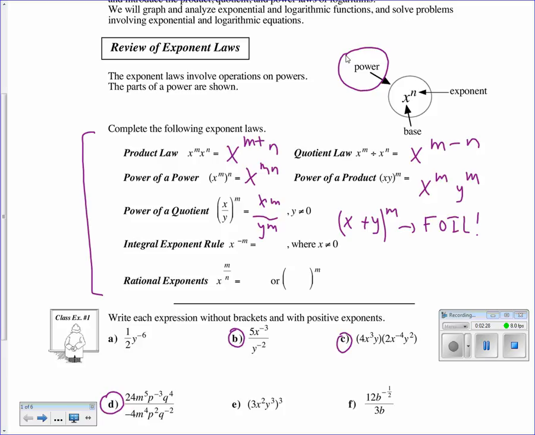Integral and rational exponents. What are we supposed to do actually with negative exponents? Apparently negative exponents are bad. Do something with the reciprocal. What would it look like? It's not going to be 1 over m.